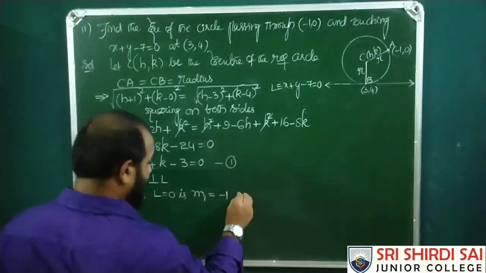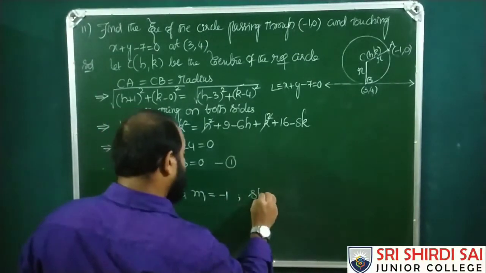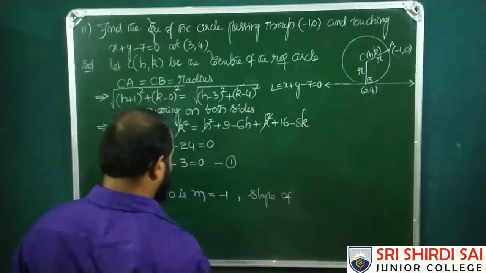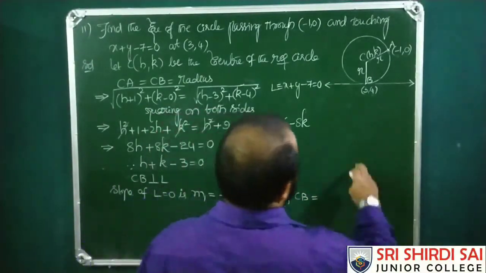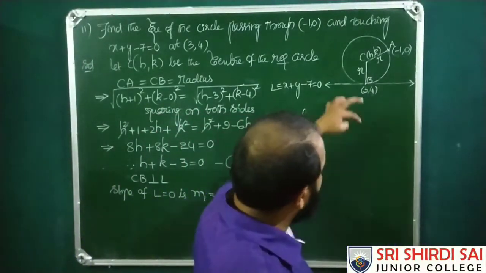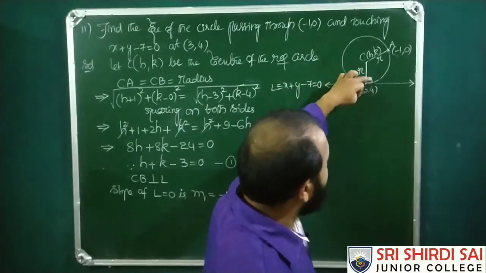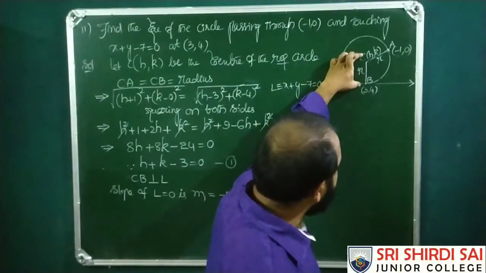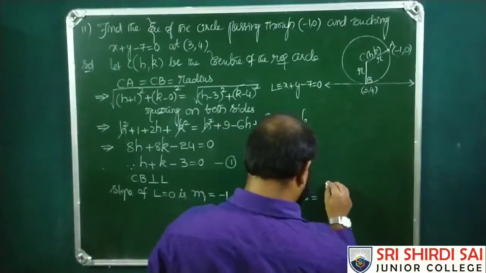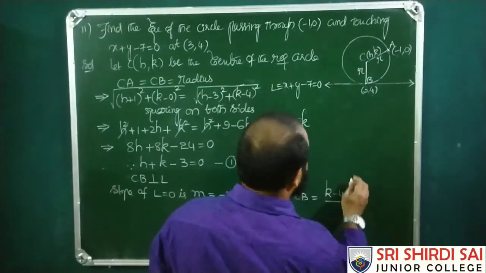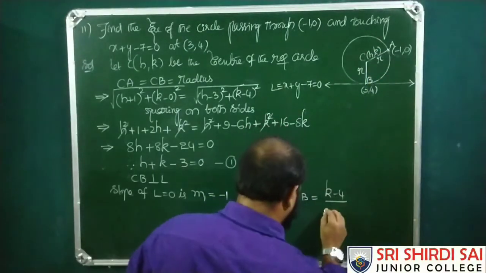And the slope of CB is equal to, what is the slope when 2 points are given? Difference of ordinates by difference of abscissa. So k minus 4 by h minus 3.